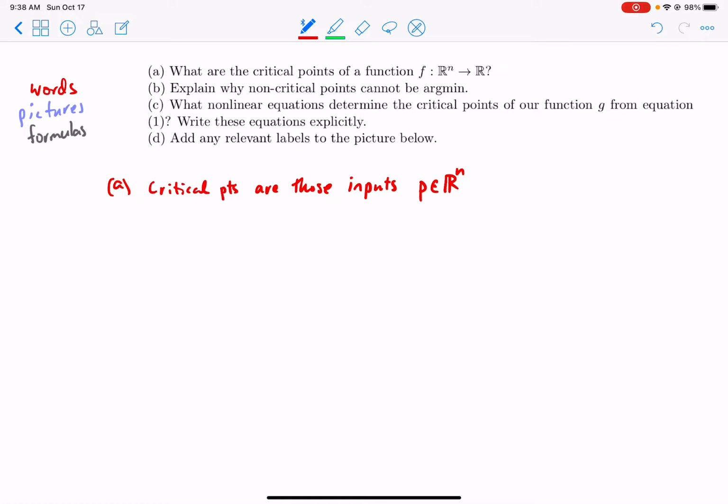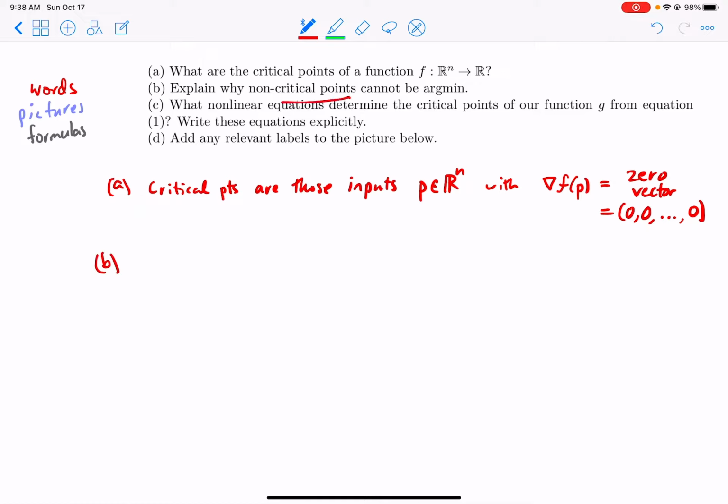They're those inputs with grad f at that input equals the zero vector. In other words, every single component of the gradient is 0 at that point. When I plug in at a specific point, that is a critical point. Okay.